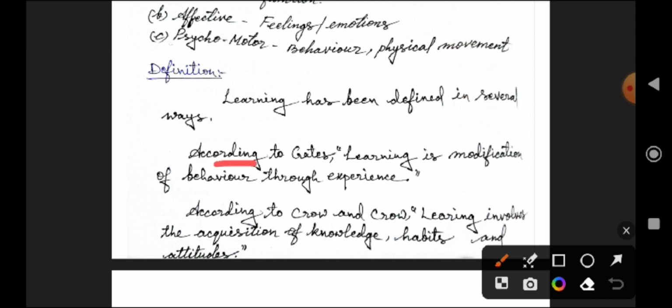So according to Gates, learning is modification of behavior through experience. So what is learning? Learning is modification of behavior through experience. So friends, as we experience things, our behavior changes. Yes or no? जैसे जैसे हम नया नया नॉलेज को एक्वायर करने लगते हैं, उसी तरह से हमारा जो बिहेवियर है उसमें भी चेंजेस आने लगता है.